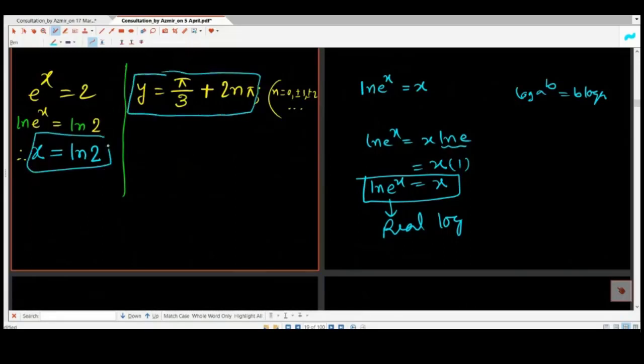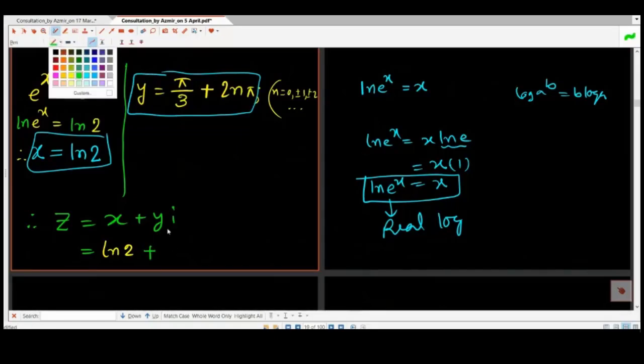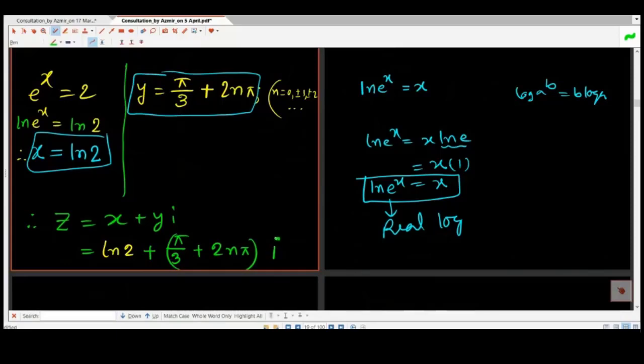So our target is to evaluate z. z equals, we know, x plus yi. So this is the time to input x and y. y is pi over 3 plus 2n pi i.